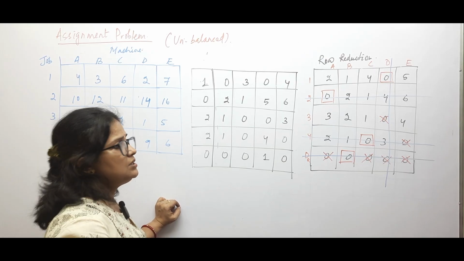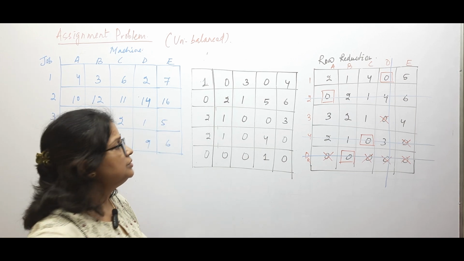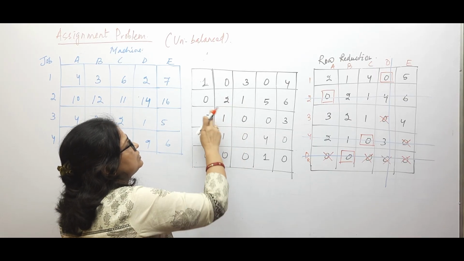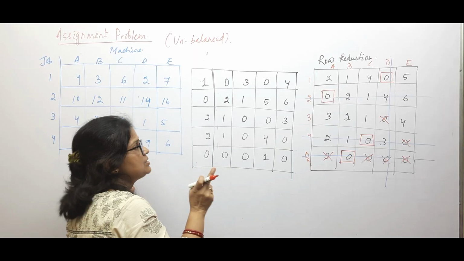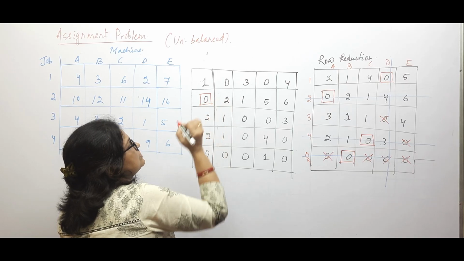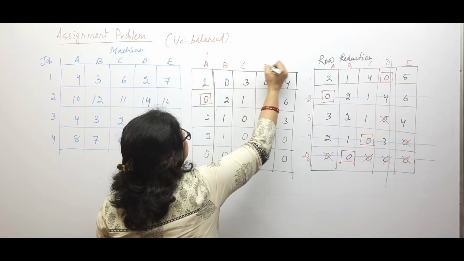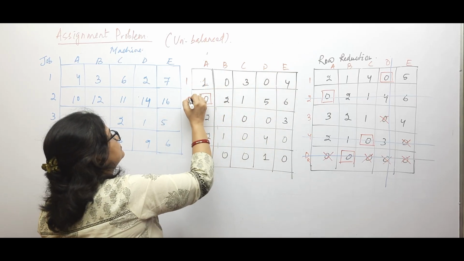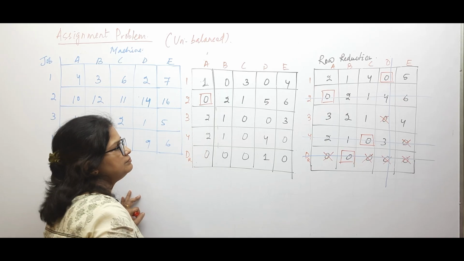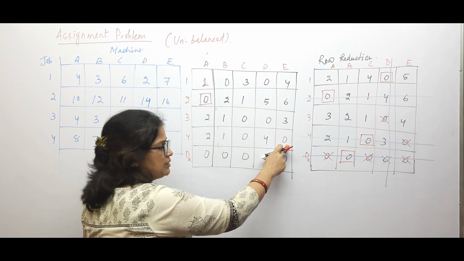Now we need to check the number of allocations. Let us see how we are going to do the allocation. So here 2, no need to do it. First we need to check for a single 0 for each row and each column. Here one single 0 exists. So what I have done, I have allocated this one. Here 2, this row is also having 2, 0.